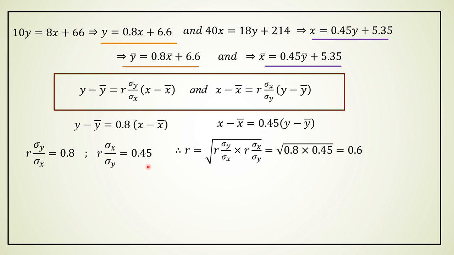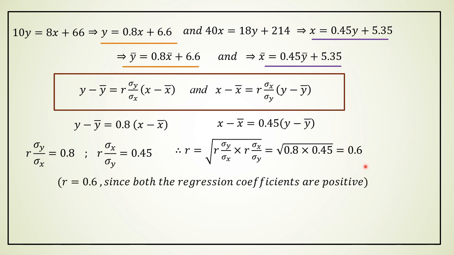Then we know that the coefficient of correlation is the geometric mean of the regression coefficients. So take the square root of 0.8 into 0.45, which is equal to 0.6. Just observe over here, students, even in this problem and the last problem, since the regression coefficients of x on y as well as y on x are positive, therefore we have to take the coefficient of correlation as positive.